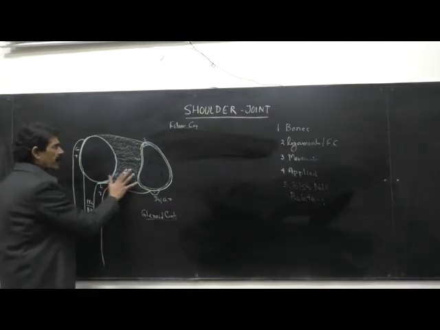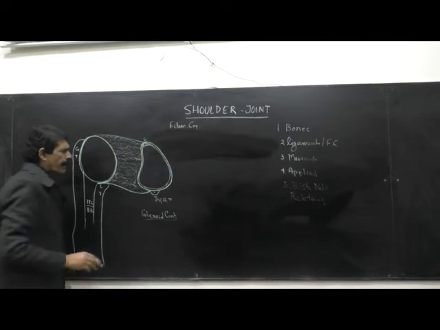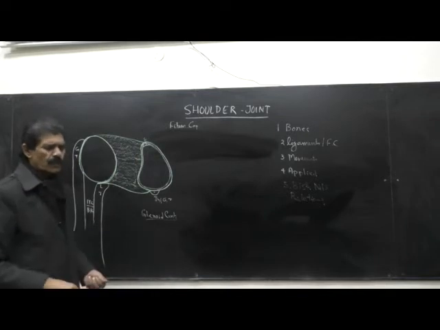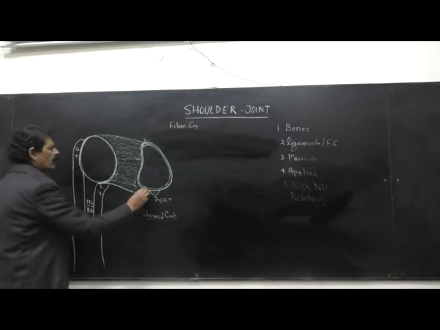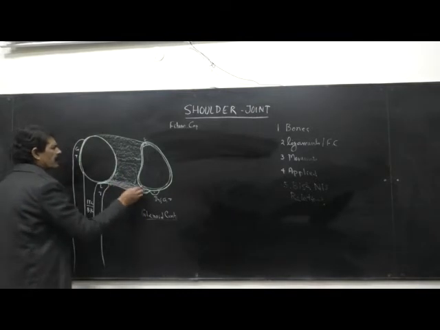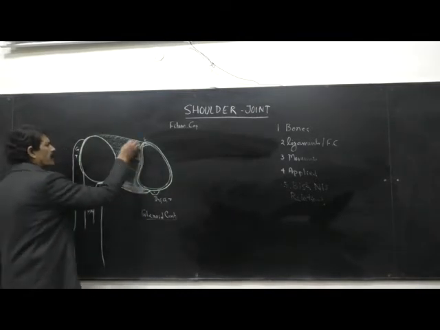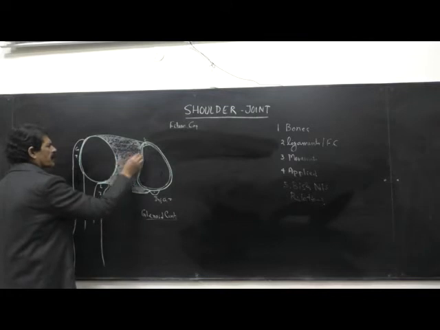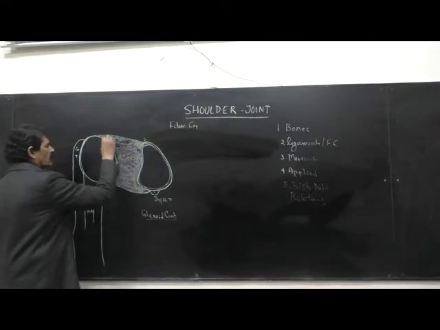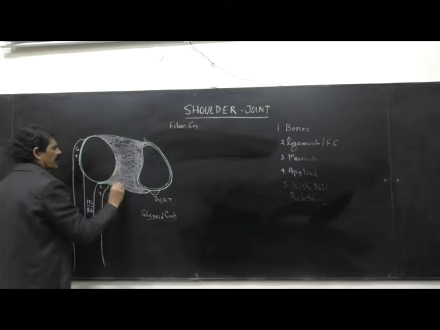The internal surface of the fibrous capsule is smooth. Why is it smooth? Because of the attachment of the synovial membrane. So the synovial membrane is attached to the inner surface of the fibrous capsule, while the outside of the fibrous capsule is rough because of the attachment of the ligaments and other structures.